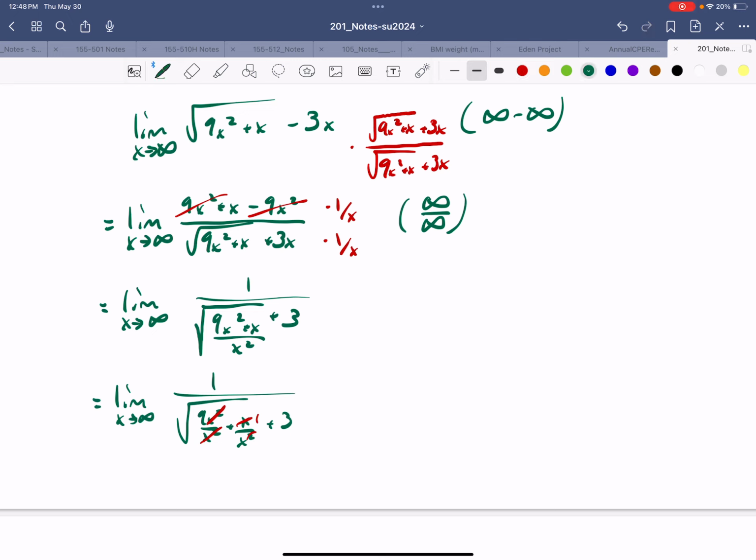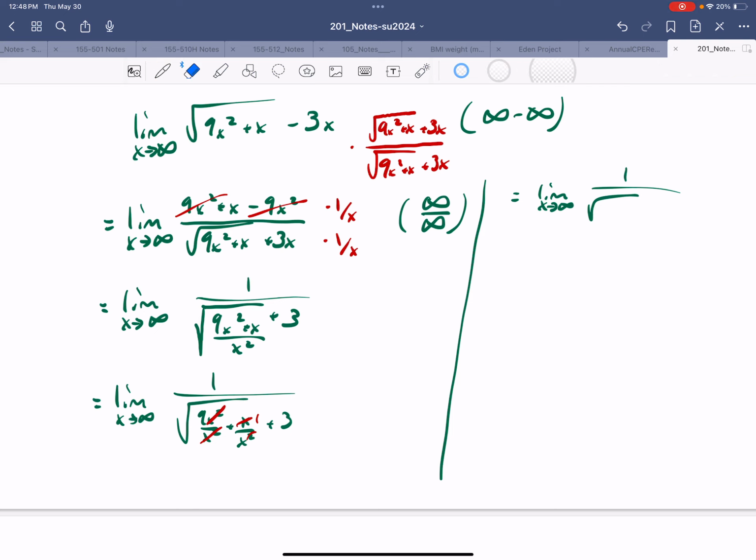So we're left with the limit as x approaches infinity of 1 over the square root of 9 plus 1 over x, and then separately plus 3, and that winds up giving us 1/6.